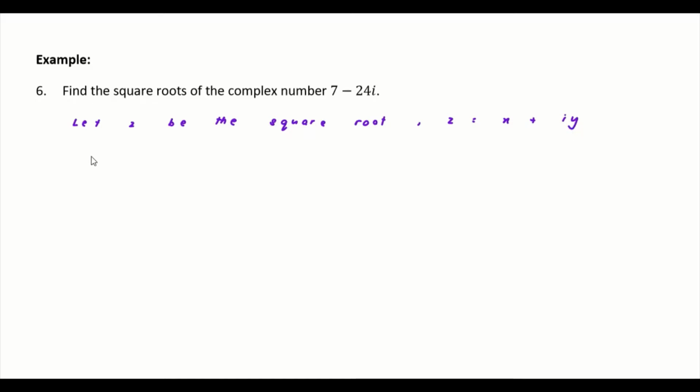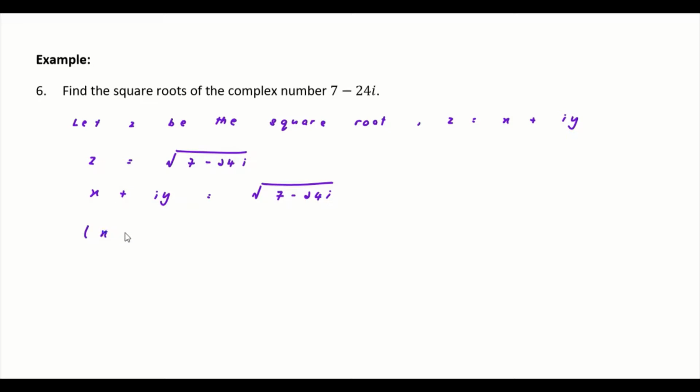So z is equal to the square root of 7 minus 24i. We assume that z should be a complex number as well. So x plus iy is equal to square root of 7 minus 24i. So how can we continue? We will move the square root to the other side.